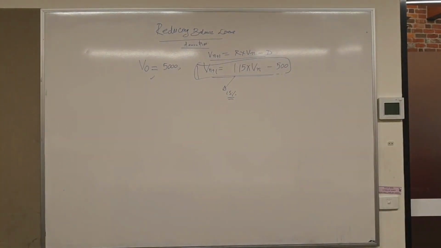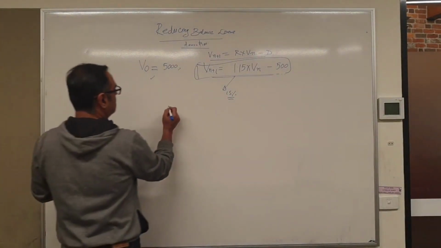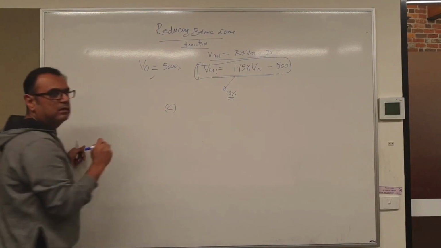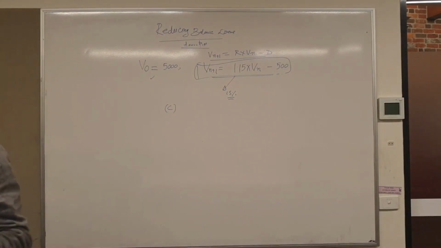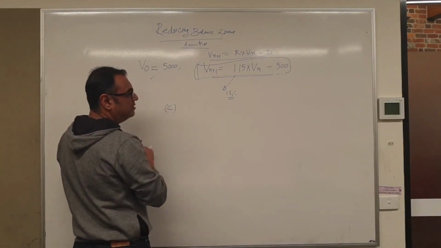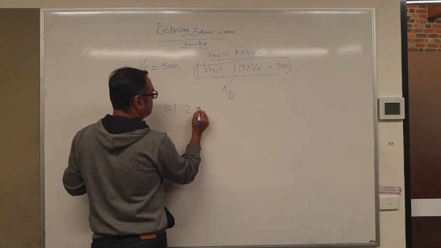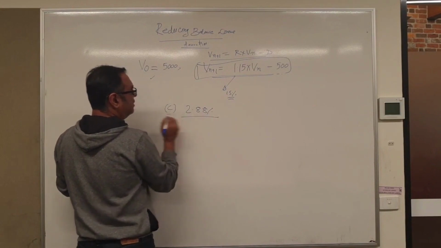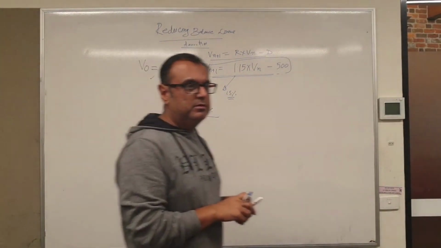Now, what's the answer for C? I was still doing it. I don't have my card. What about 2.88? Ethan, solve it. Part C, and it should come to 2.88.